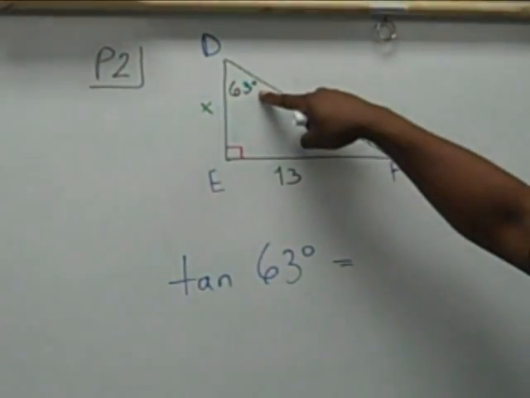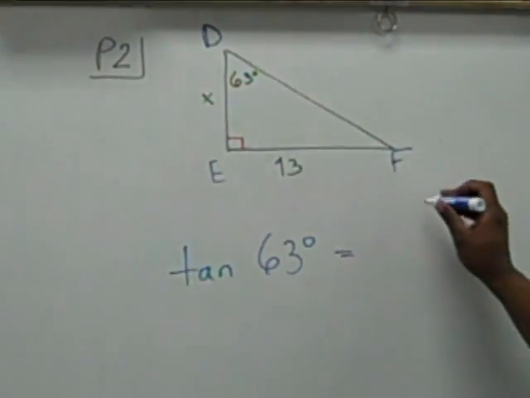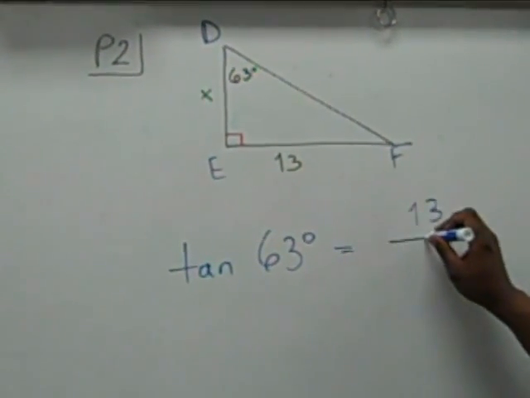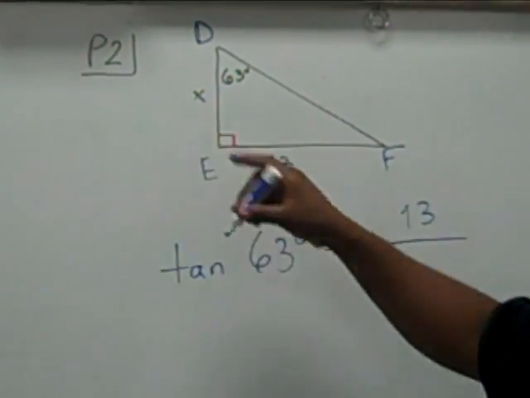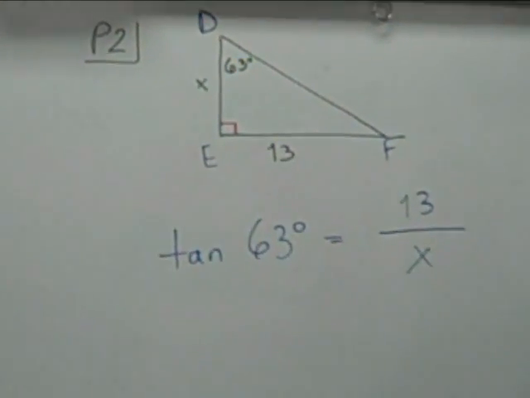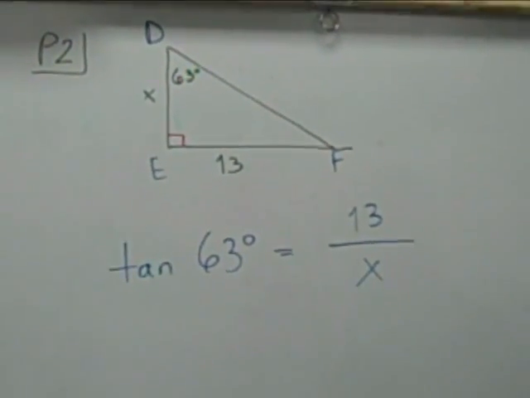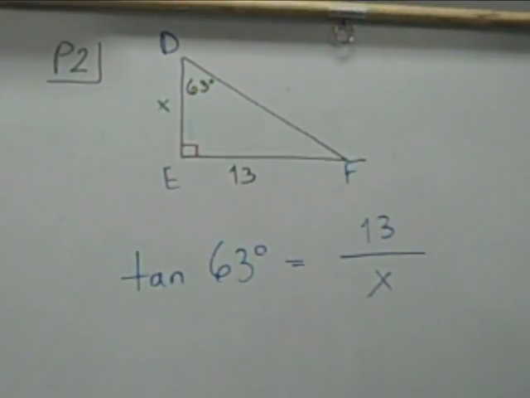The opposite of 63 degrees is 13, so I'm going to put 13 up here. And our adjacent, which is right here, is going to be x. So that's 13 over x. So what we have to do now, of course, is find x.